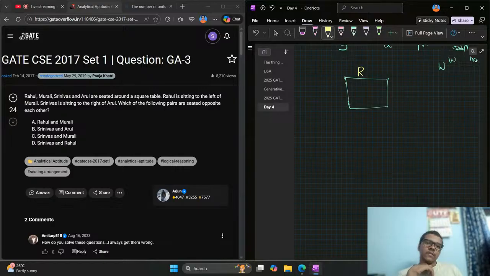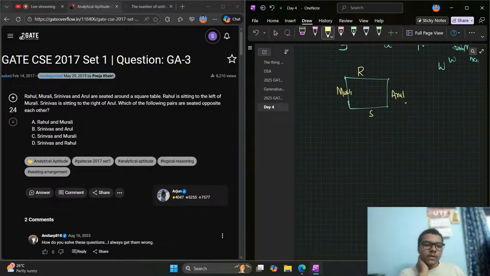So what is going to be left to this guy? Murali. Murali is left. Yeah, if he sits like this, that is going to be his left arm, right? Srinivas is sitting to the right of Arul. Srinivas is sitting like me and Arul.